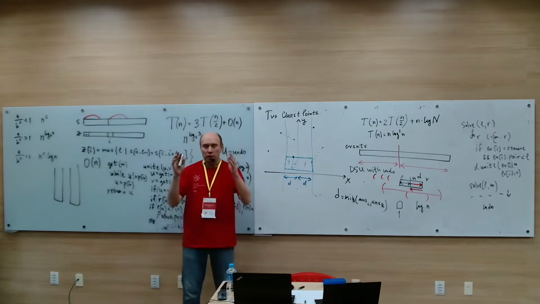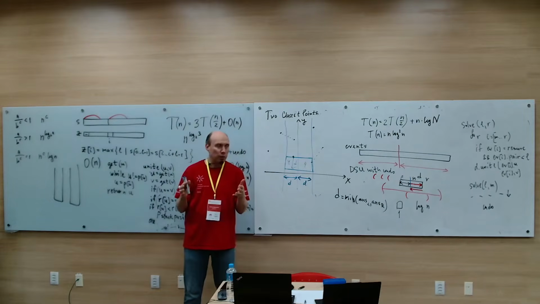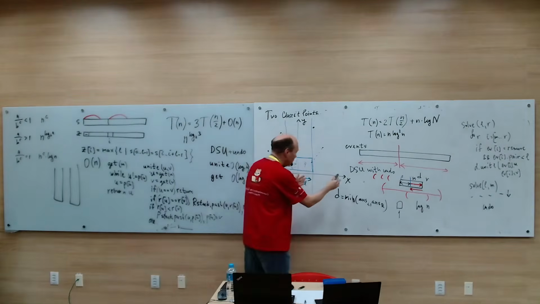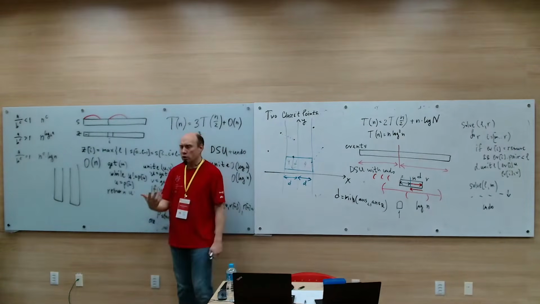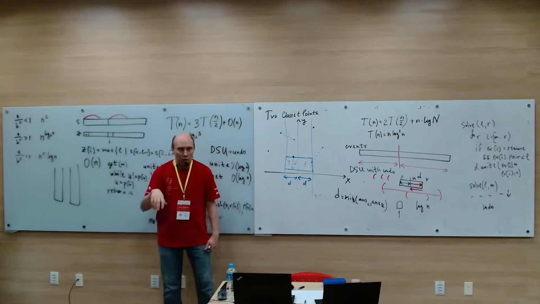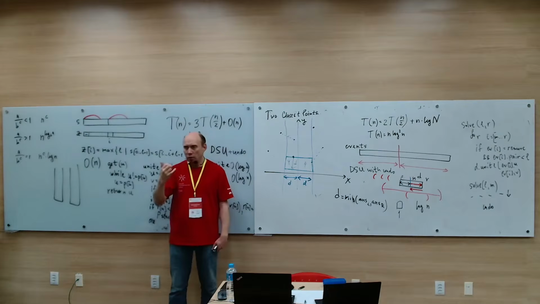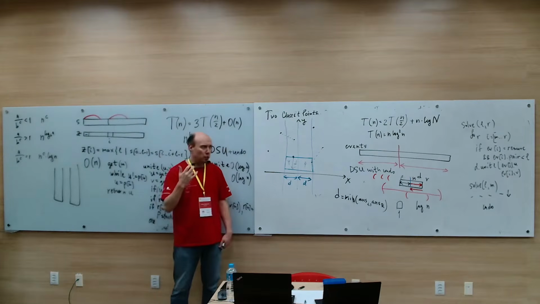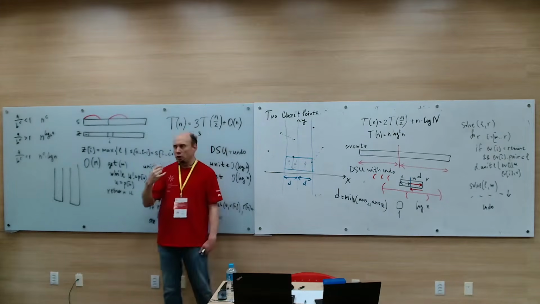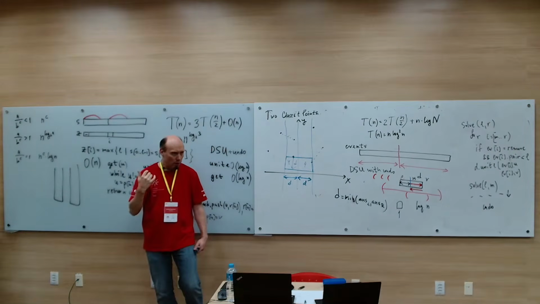So you have a chunk of your points by x coordinate. You also pass to your recursion their order, a separate array of the order of these points sorted by the y coordinate.